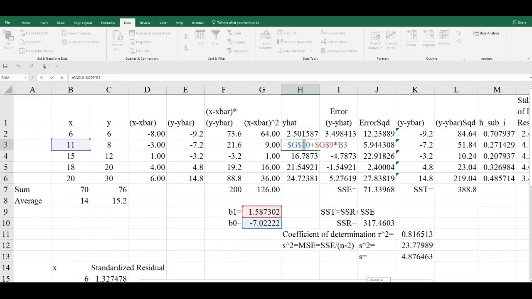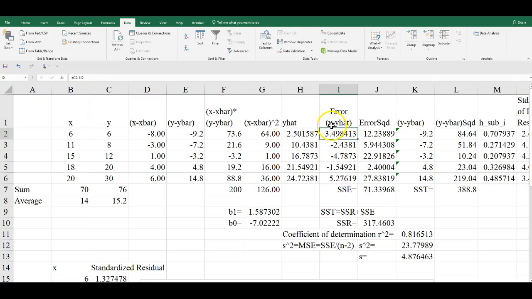Yours may be slightly different when you lay it out this way, but you're taking the y-intercept and you're adding the slope times the corresponding x value. Again, these equations are in your book, and it's also in that video. Next, you calculate the error, which is the difference between the actual y value and the predicted y value.